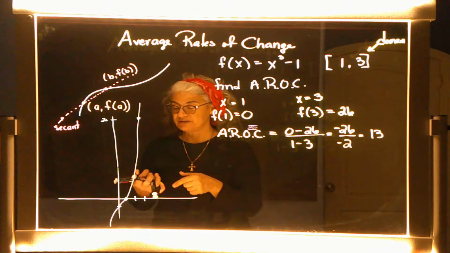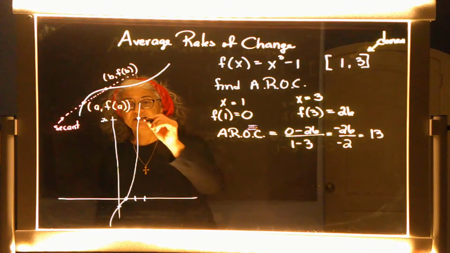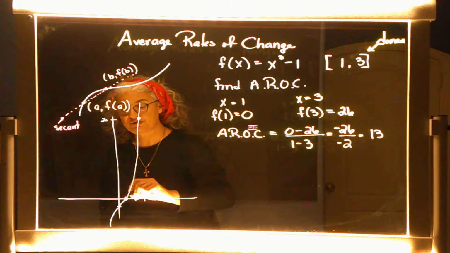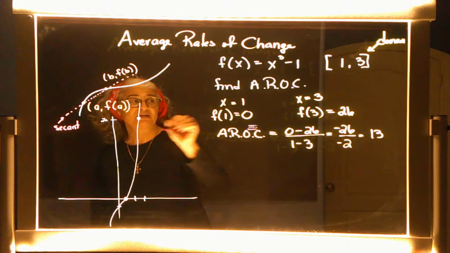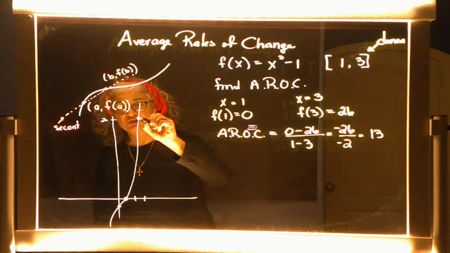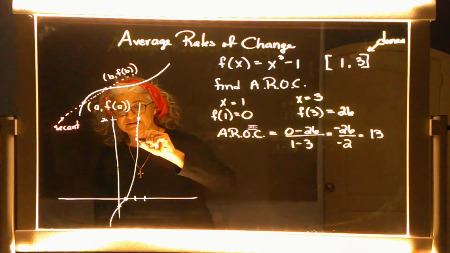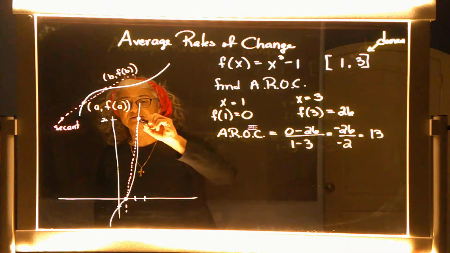But here's the real deal, right? Here's the real reason I'm graphing it, is because technically between these 2 points, since we were only looking on the interval from 1 to 3, and these were the y's that went with these x's, I can draw this secant line. It's a quite steep secant line if you notice.